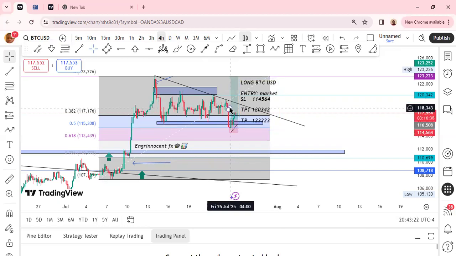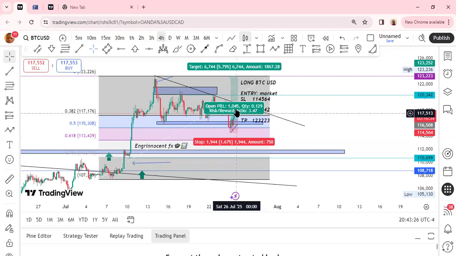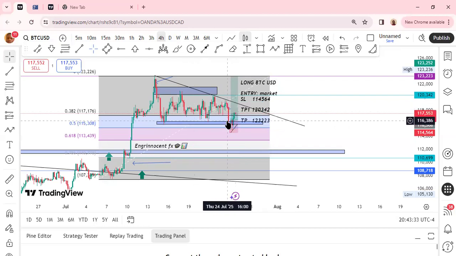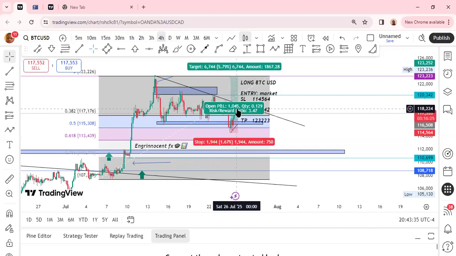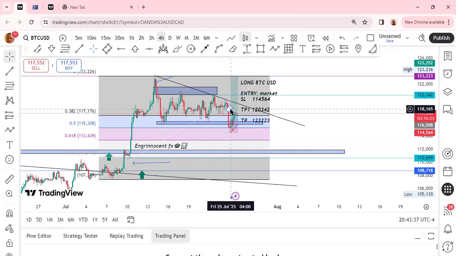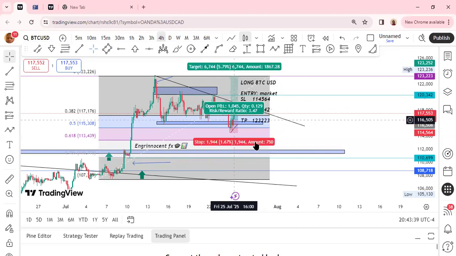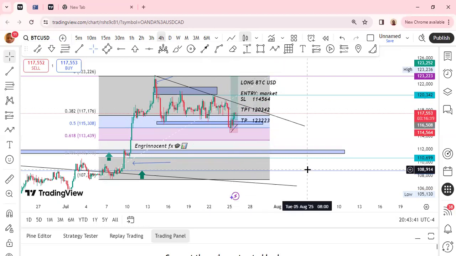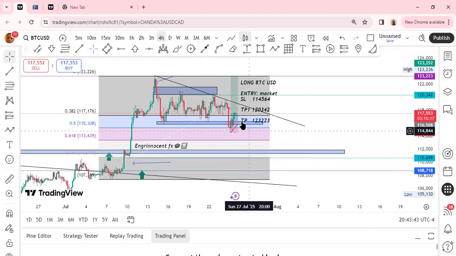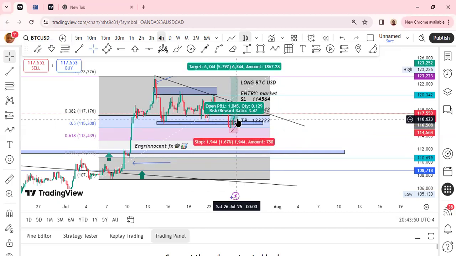So I'm expecting price to get to 118K. And then the guys that took the trade will break even. But it will be wise enough to break even now because price does not have a good momentum push to the upside. I was expecting price should already be at 118K by now. Though it has given us a 100 pips move to the upside, and we are risking almost 200 pips on this, 199, 194 pips.